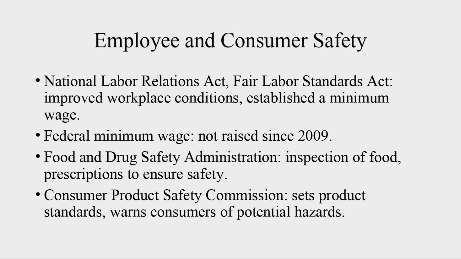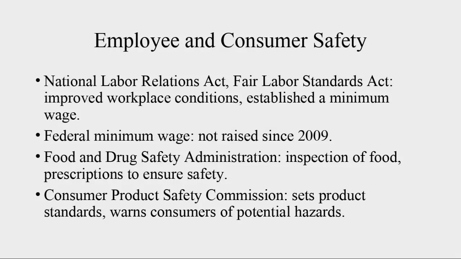The government also will step in to protect employees and consumers. In the 1930s, we got the National Labor Relations Act and the Fair Labor Standards Act. And what they did was they increased workplace security features, not locking doors from the outside, better fire escapes, worker safety features so you don't get your hand mangled by a machine.